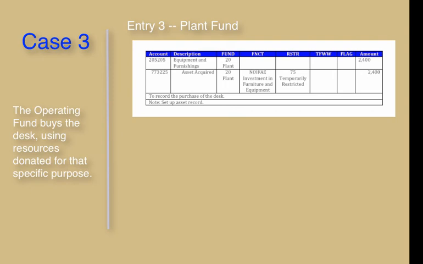This entry will record the purchase of the desk, and this is when we would set up the asset record. So the debit here goes in the unexpended plant portion, and the credit goes in the invested in plant portion, satisfying the receivable and moving liquid resources over to the invested in portion of the plant fund.